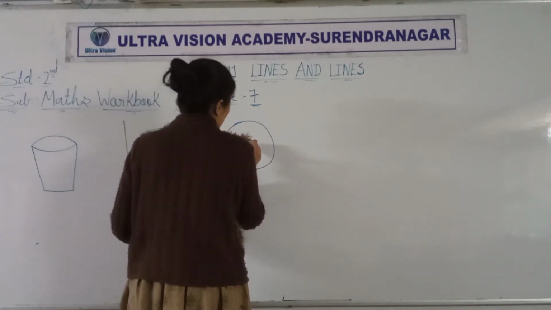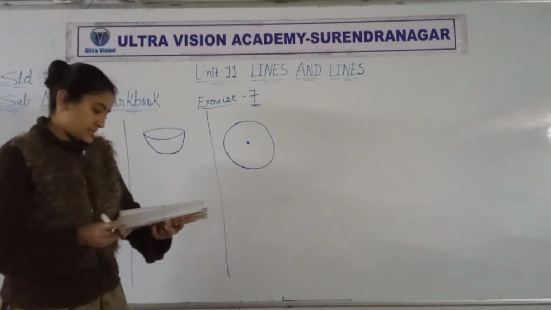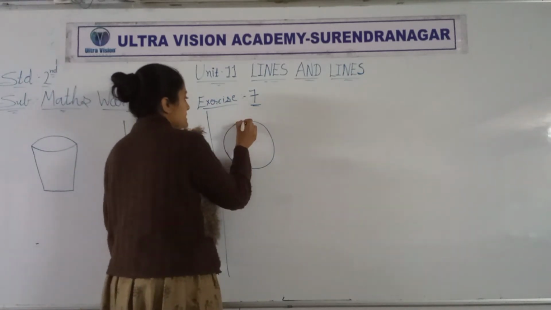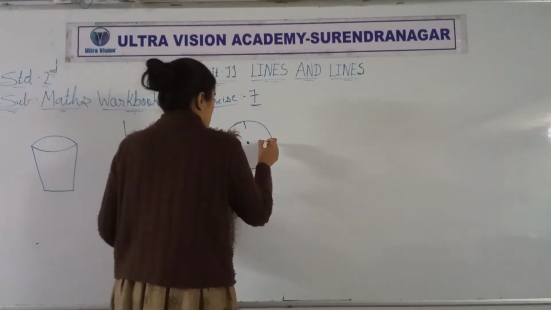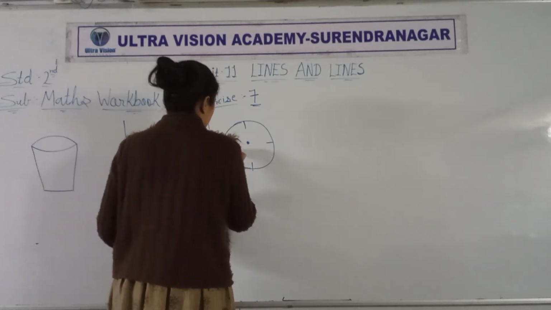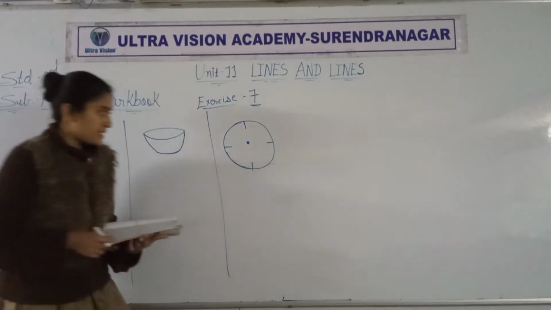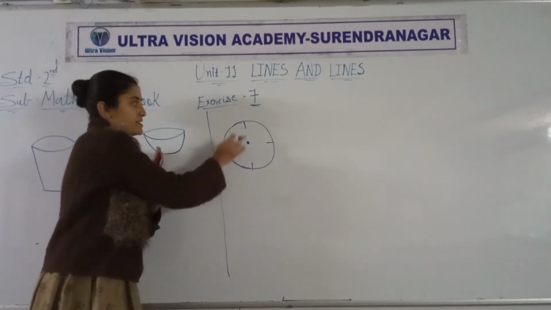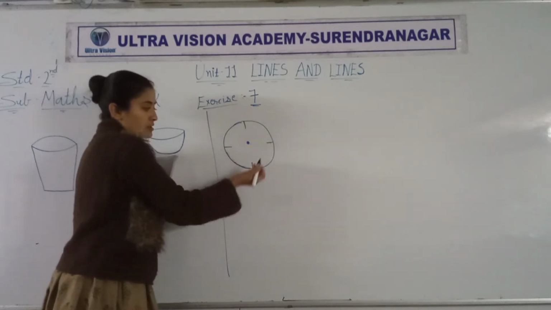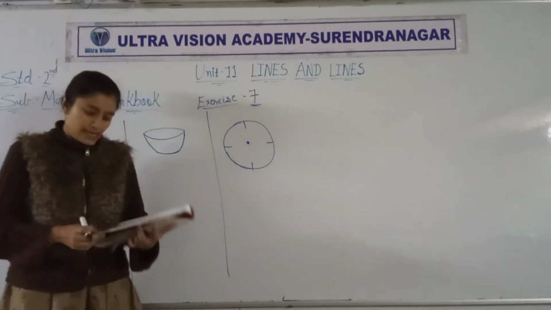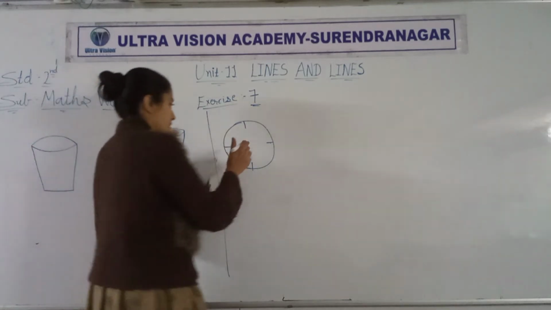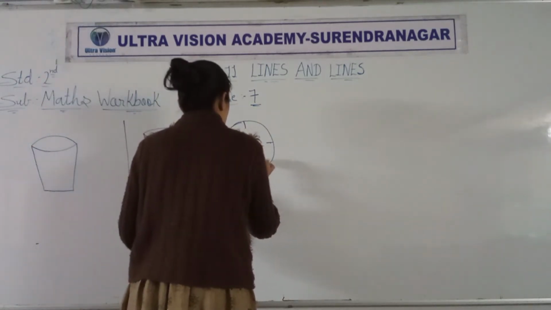Again we have to make a round inside the circle. Then we have to use here standing lines. Here, here, and here. It represents time. It's 12 o'clock, it's 3 o'clock, it's 6 o'clock, and it's 9 o'clock.